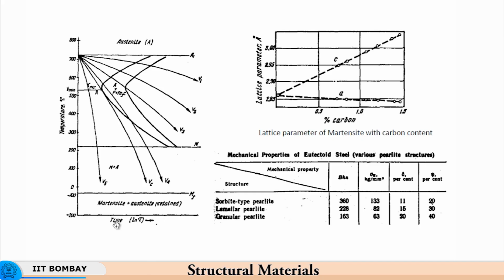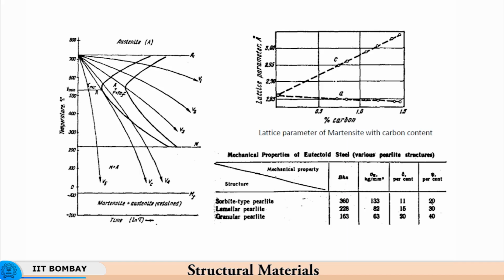So if you want to either suppress or raise the martensite start, one can do it in various ways. I told you one way is alloying elements. Alloying elements are used to suppress the martensite start temperature below the room temperature. Here, austenite stabilizing elements, meaning carbon itself is an austenite stabilizing element.